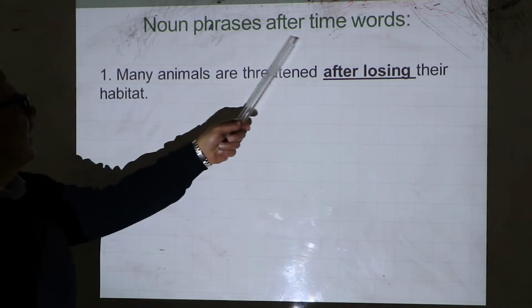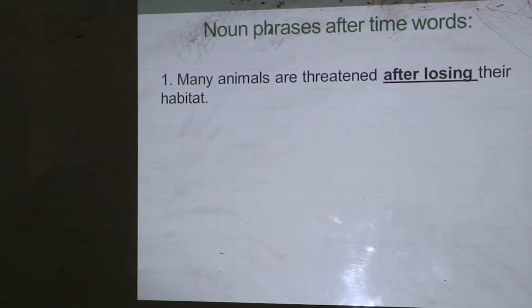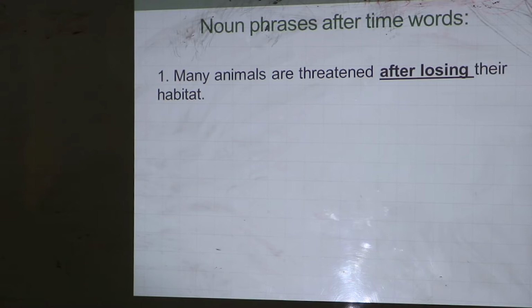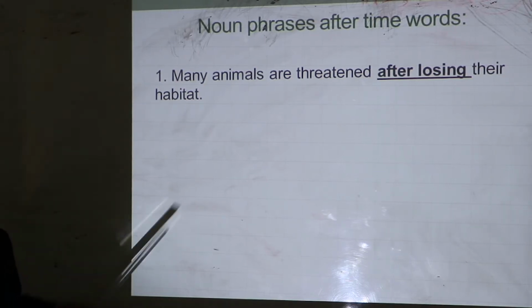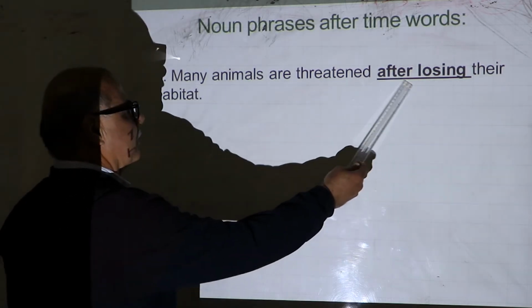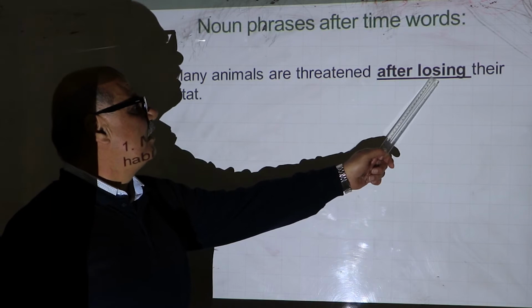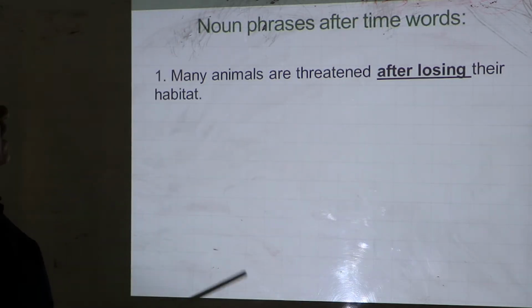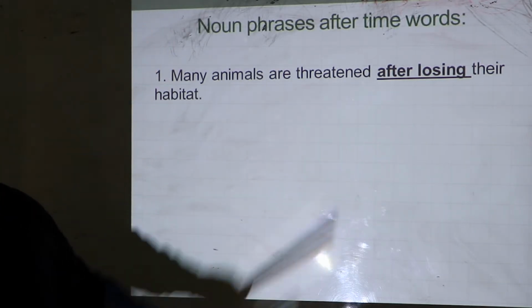Now, phrases after time words. Look at the first sentence. Many animals are threatened after losing their habitat. Here is the time word after, and it is followed by the ing form. Lose plus ing, losing. After refers to time.